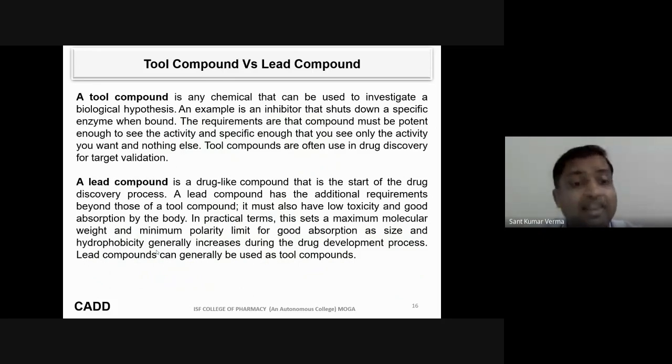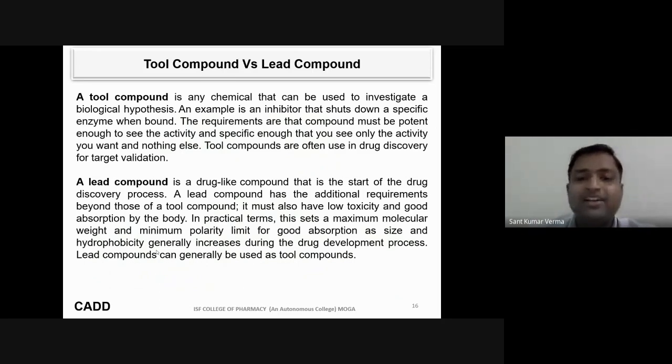And a lead compound is a drug-like compound that is the start of the drug discovery process. A lead compound has additional requirements beyond those of a tool compound. It must have low toxicity and good absorption by the body.